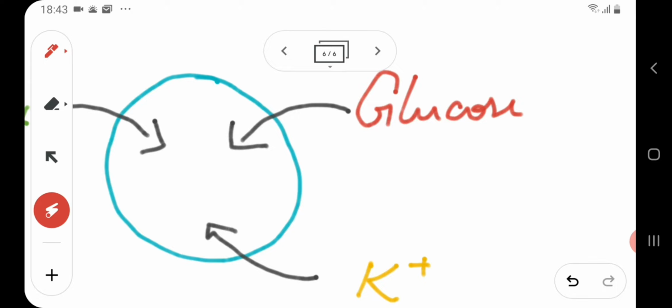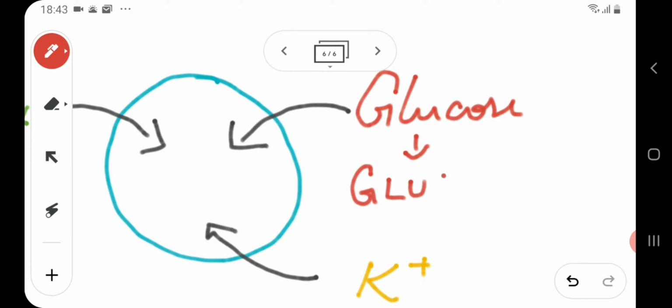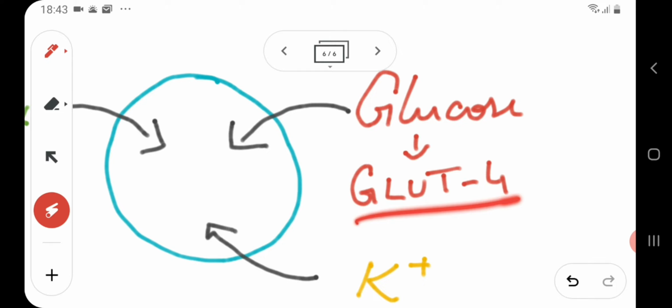How does it happen? There are GLUT4 transporters. So the insulin normally increases the GLUT4 transporters, thereby enhancing the glucose entry into the cell. It goes inside by facilitated diffusion and gets metabolized. So this is the normal mechanism of insulin.